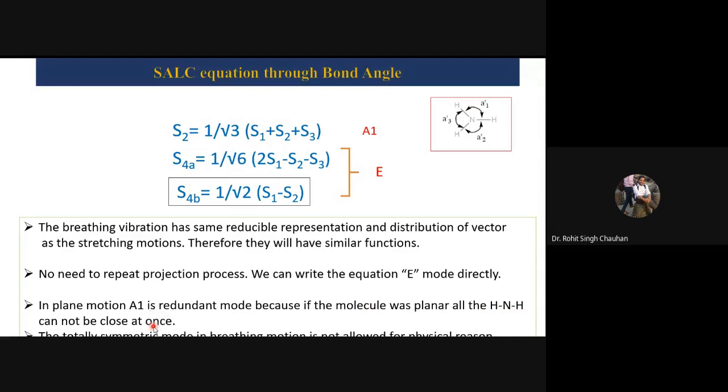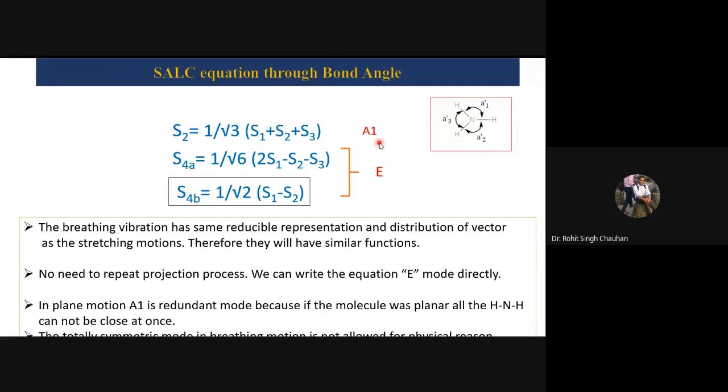Of course, if the molecule is planar, then A1 cannot be changed, no? So it is not going to provide any information. So the totally symmetric mode in breathing motion is not allowed for physical reasons. So here this A1, of course, for bond angle, this information is right. But don't think that this A1 is coming from breathing motion.